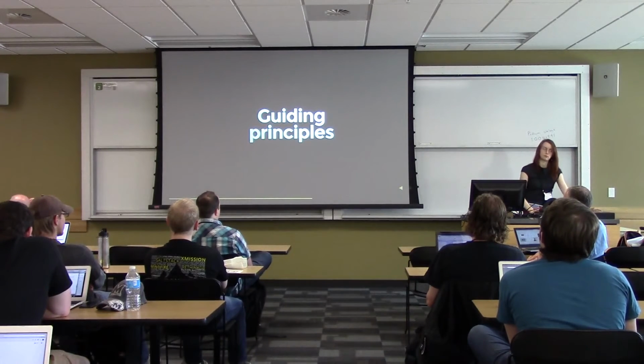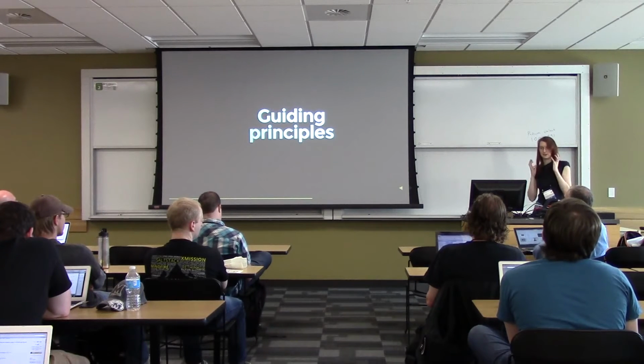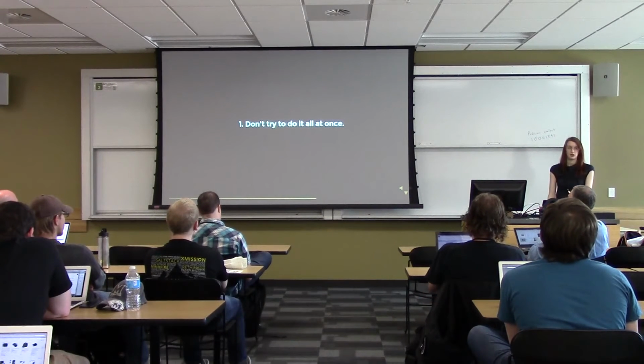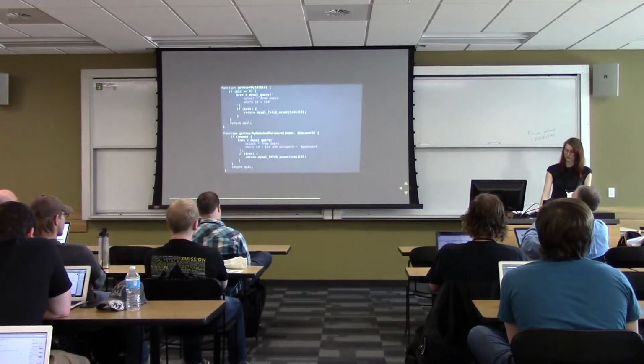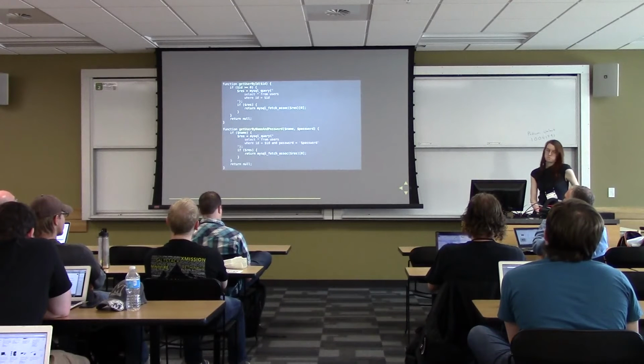So those are some foundational concepts: single responsibility principle, dependency injection. When you're actually getting down and dirty with refactoring your code, there are some principles to keep in mind. First of which is don't try to do it all at once. If you are like me, you looked at this code and said, I need a user object.